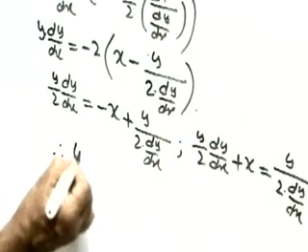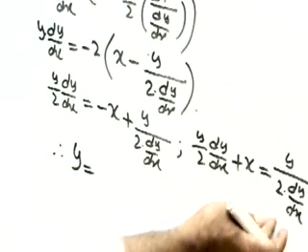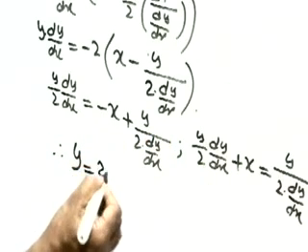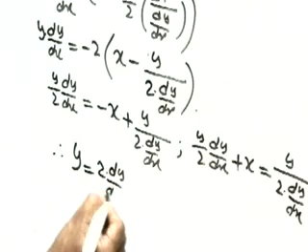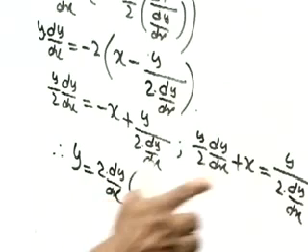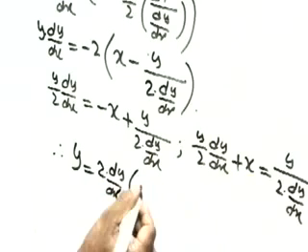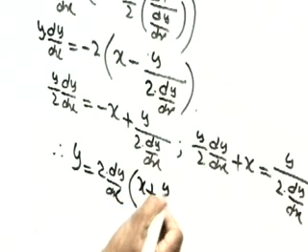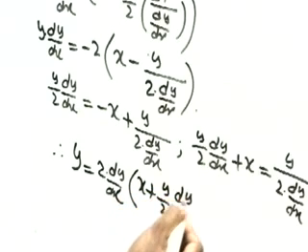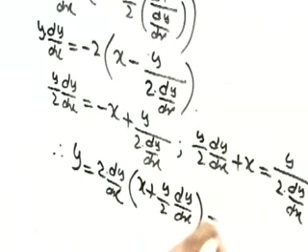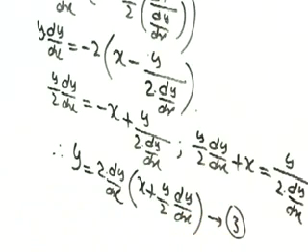Next step, bring this here. So what is left here? Therefore y equals, I'm bringing this here, 2 into dy by dx in bracket. Let me write like this. I'm writing first x plus y by 2 dy by dx. Let me note this as equation 3.